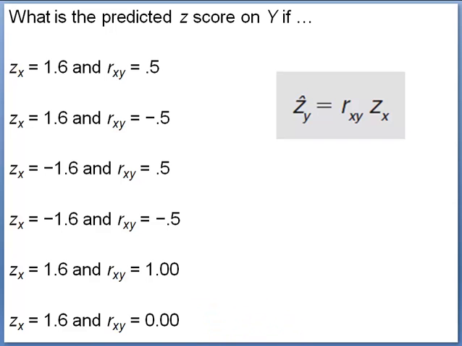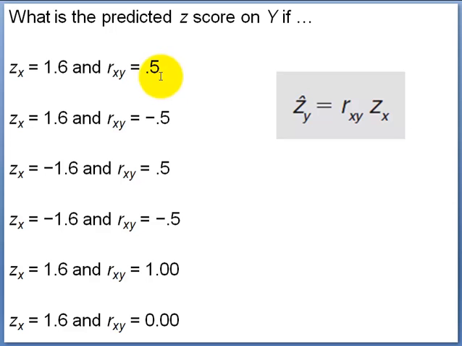So let's get some practice here. Here's our standardized regression equation. Let's use it to make our best prediction of a case's z-score on y. So here's a first example. The case's z-score on x is 1.6. The correlation between x and y is 0.5. What's the predicted z-score on y?